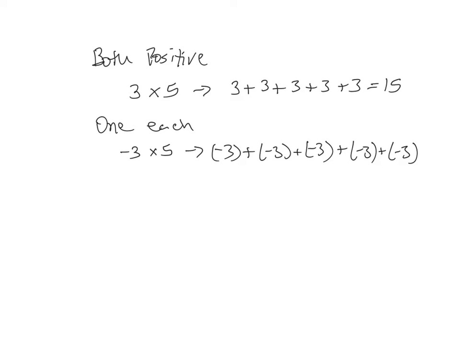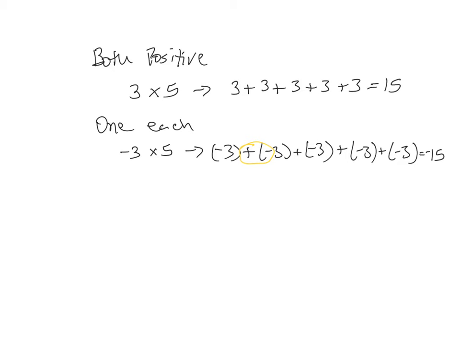Okay, so we did the adding and subtracting stuff, and we talked about changing these signs, like adding something that's negative is bad, so that would be a subtraction sign. But if you work that all the way out, you would get negative 15.